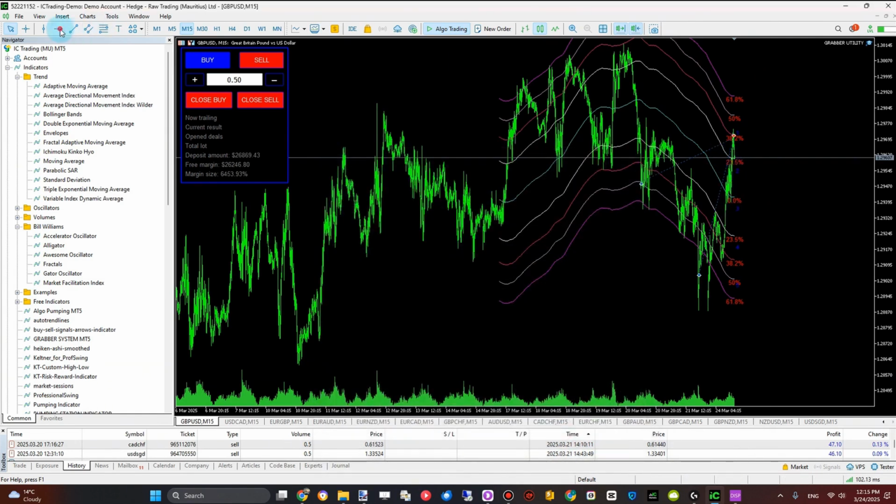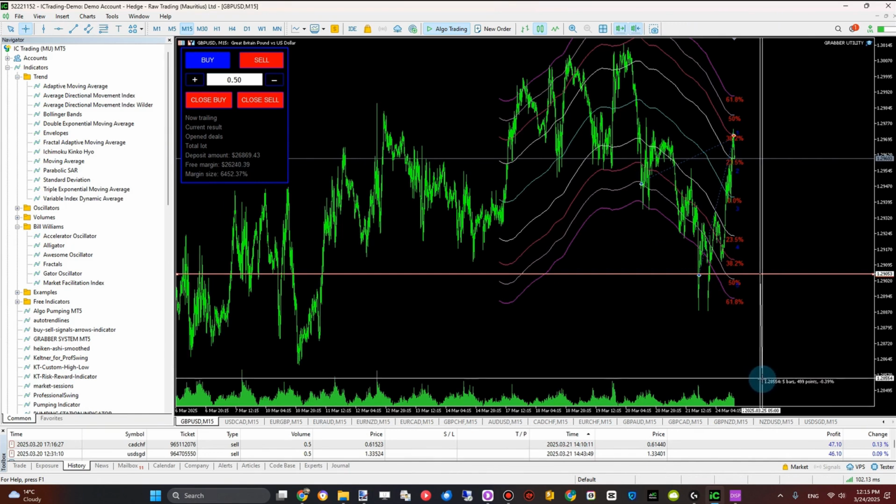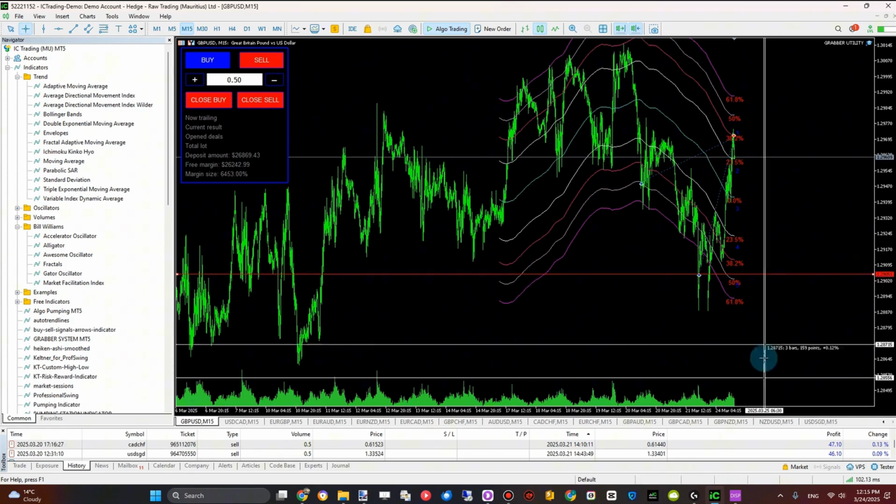acceptable. If we had a buy trade here, then the next one would be after 500 points, that's somewhere around here. As you can see, the distance is quite large.